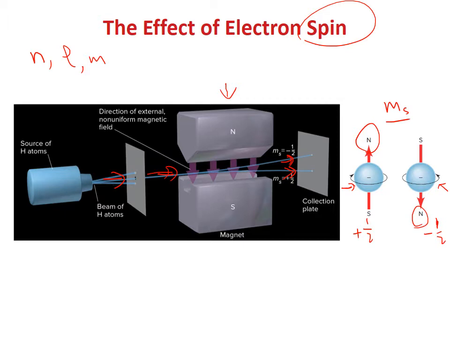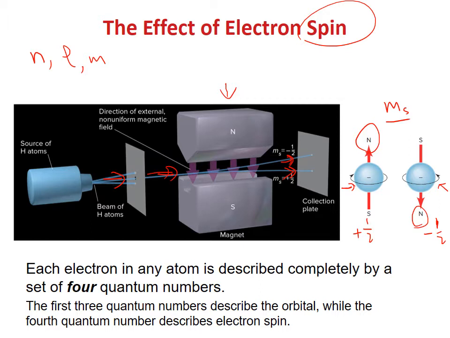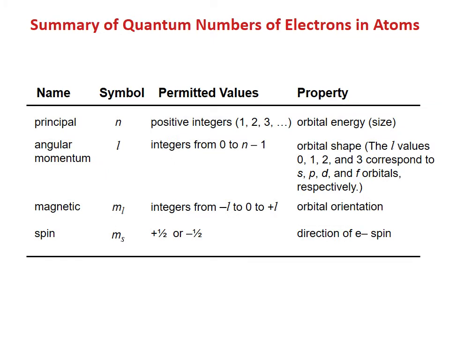So the conclusion is that each electron in an atom is described completely by 4 quantum numbers. The first 3 describe the orbital, while the 4th quantum number, which is ms, describes electron spin. Here's a summary of quantum numbers of electrons in atoms.